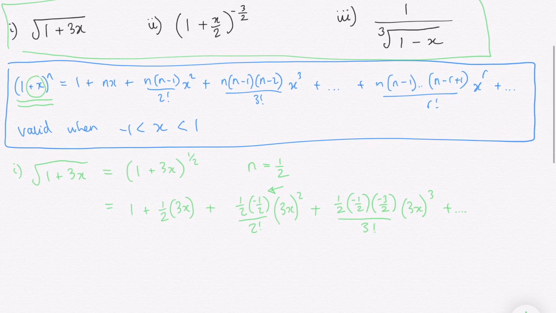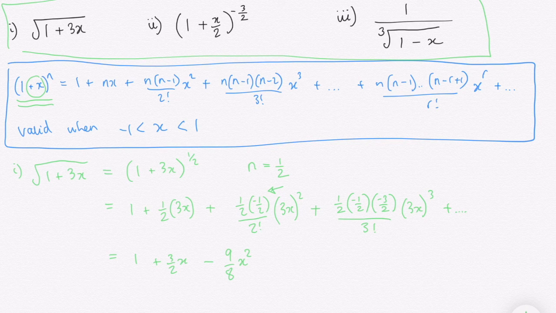So let's now just go ahead and simplify that. Well, that becomes 1 plus 3 over 2 x. And then here we're going to have one negative sign, so it's going to be negative. A half times a half is a quarter. Divided by 2 factorial is multiplied by a half, so it's actually an eighth. And then we're going to have 1/8 of 3x all squared, so it's 1/8 of 9x squared, or 9/8 of x squared.